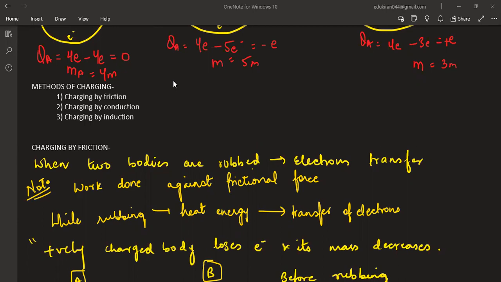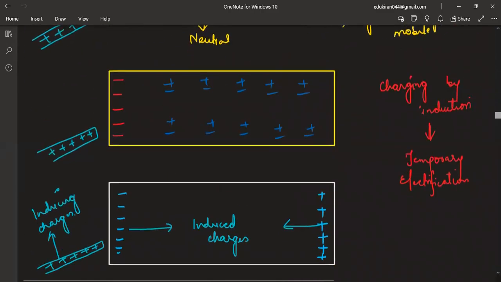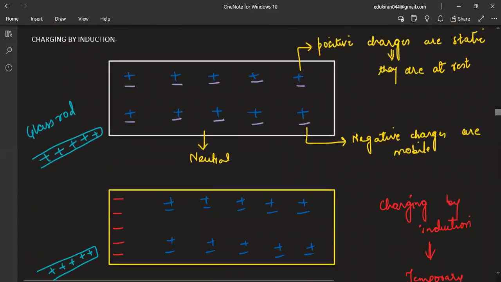All right. Now, charging by induction, I'll show you with the help of a figure. In charging by induction, you have a body that has positive and negative charges. This is a neutral body, right? The amount of positive charges is balancing the amount of negative charges.